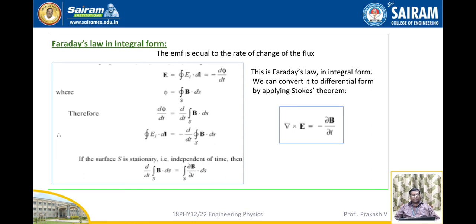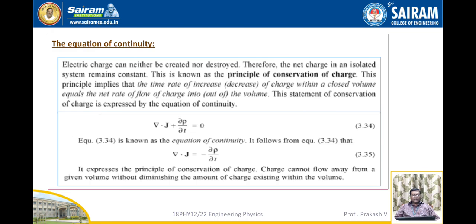Next, the equation of continuity. Electric charge can neither be created nor be destroyed. Therefore, the net charge in an isolated system remains constant. This is known as the principle of conservation of charge. This principle implies that the time rate of increase of charge within a closed volume equals the net rate of flow of charge into the volume.